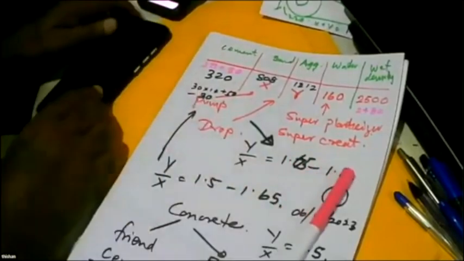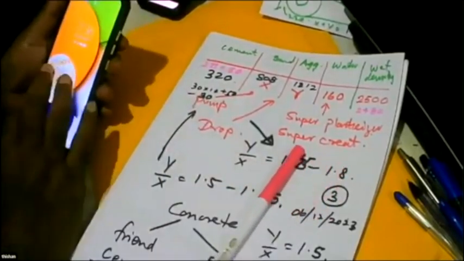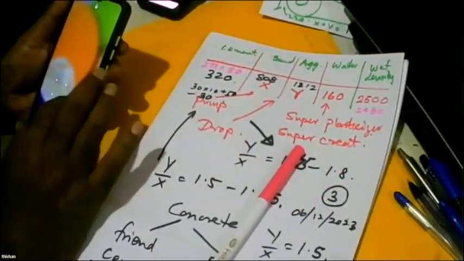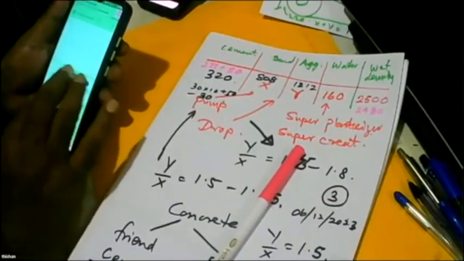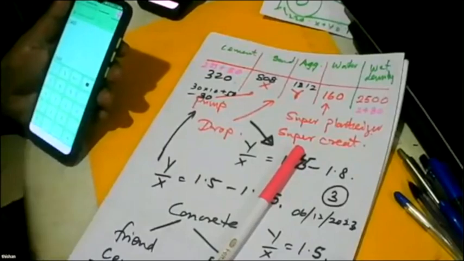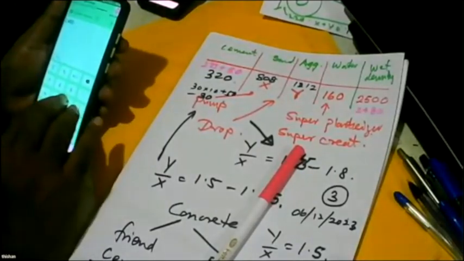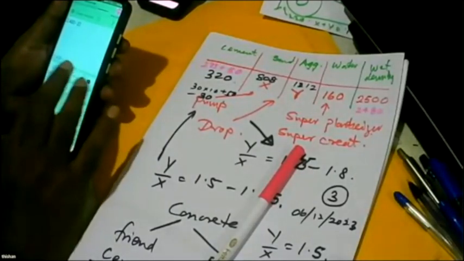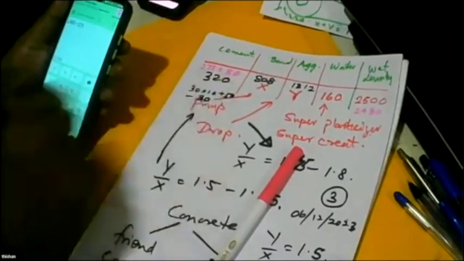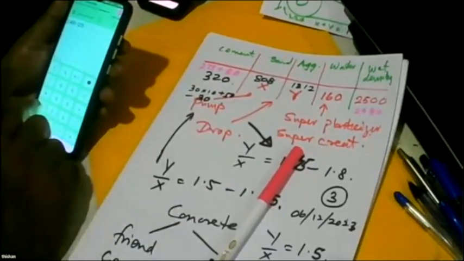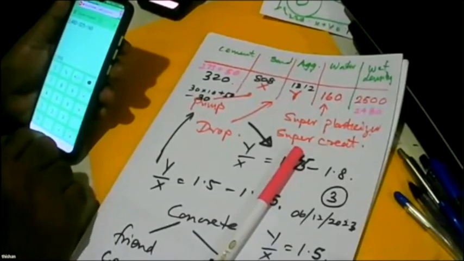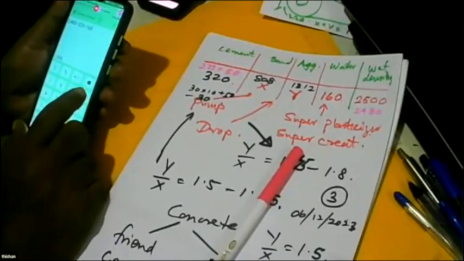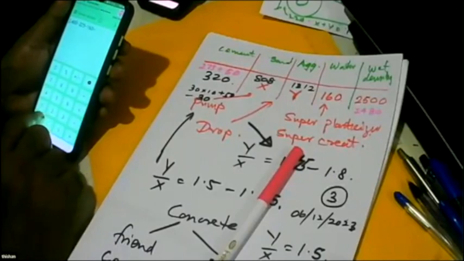Now we have to look at the numbers again. So what are the numbers? 2480 minus 325. So you can see the addition of 275 and 50 is 325, minus 160. 1995 divided by, now you want to make sure the mix is strong.